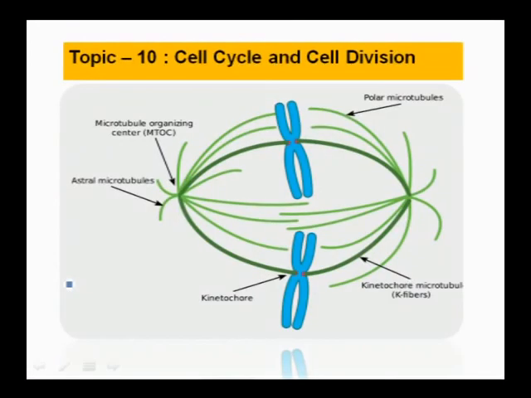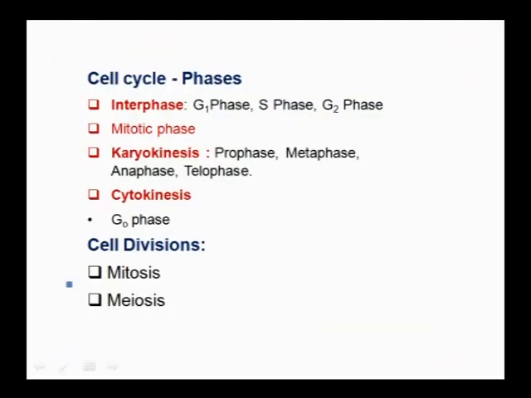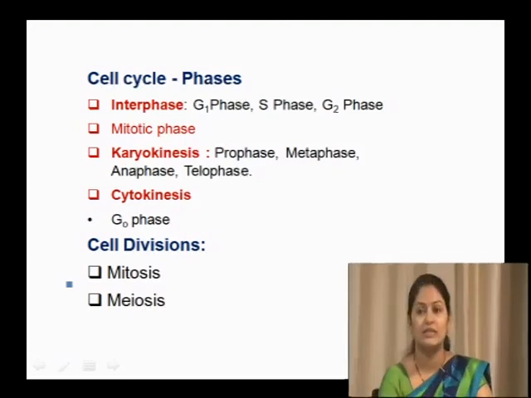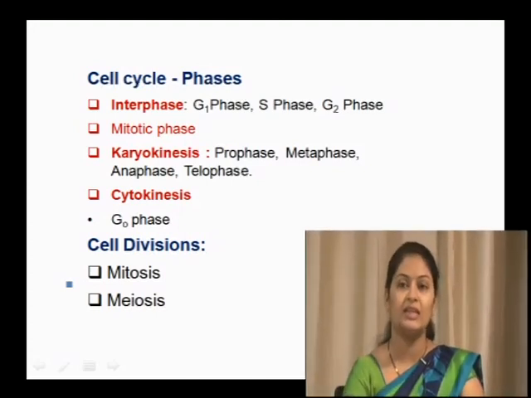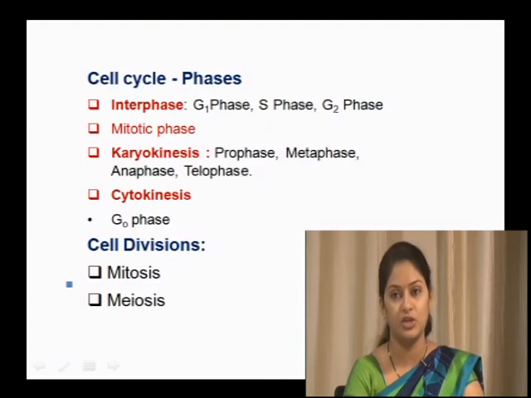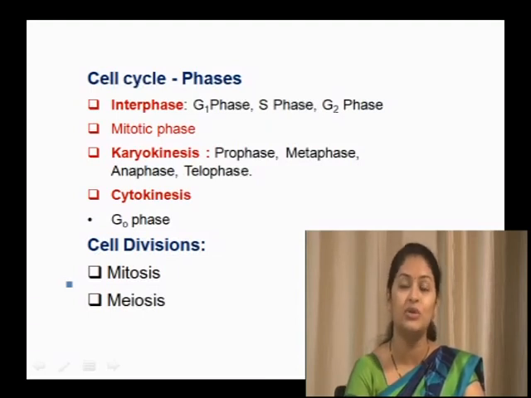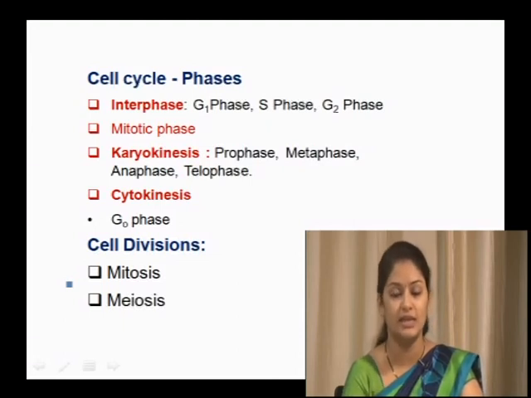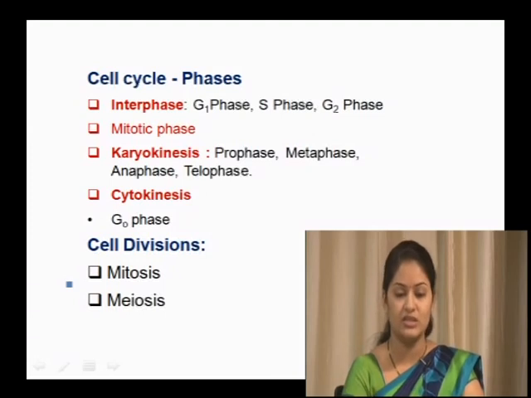Next, moving on to the topic of cell cycle and cell division. So cell cycle indicates the sequence or series of changes that occur in a cell from its formation until it divides into two daughter cells. So these processes are referred to as the cell cycle, and we can classify them into different stages. The stages are interphase and mitotic phase.